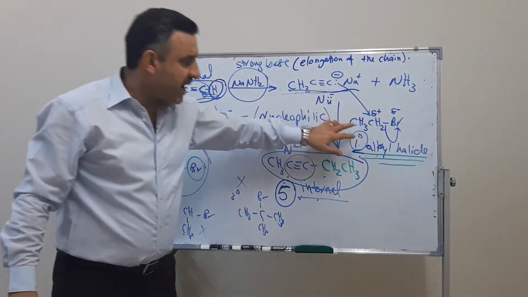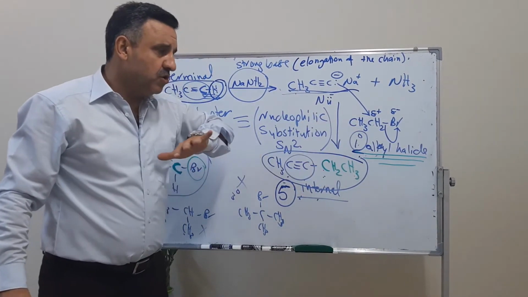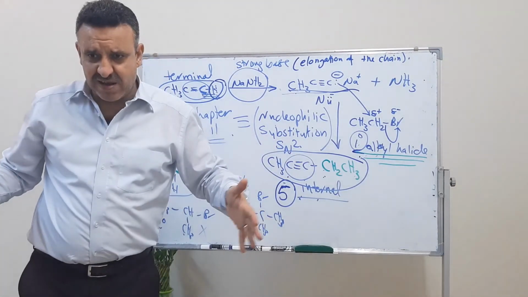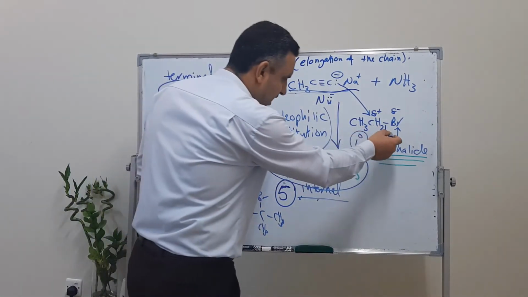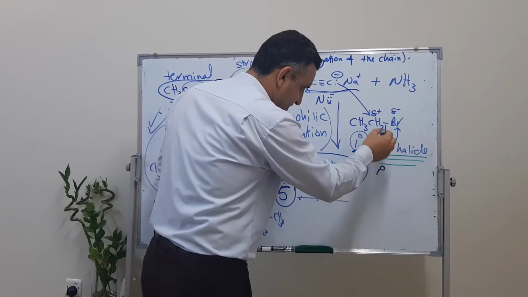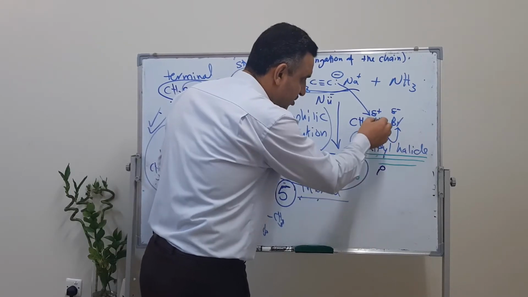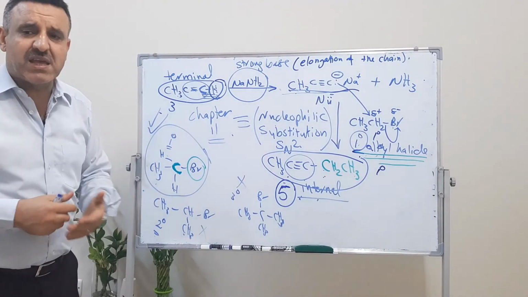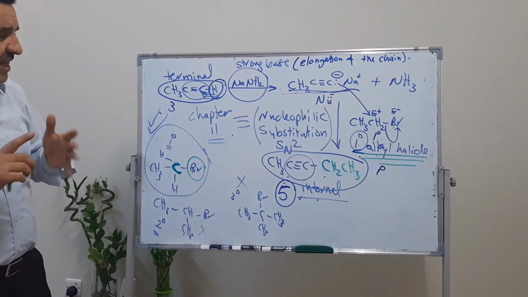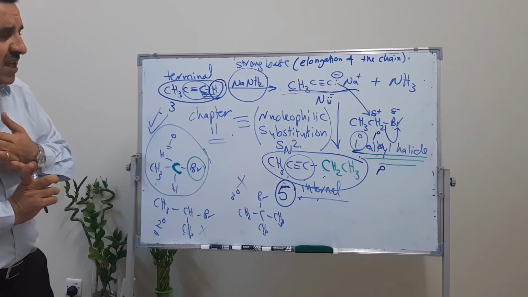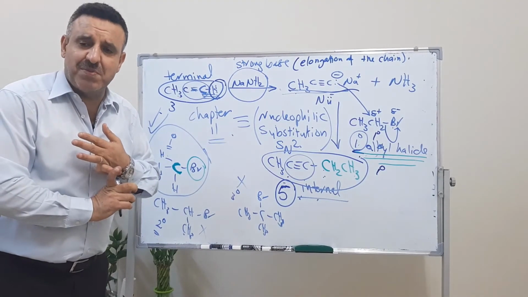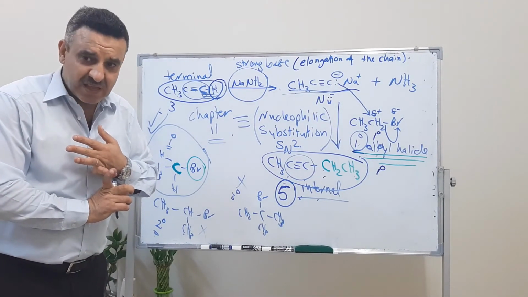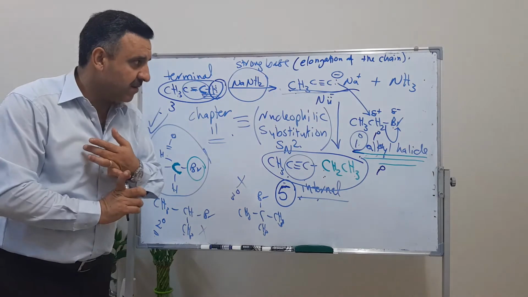I think you should all know by this level that this halide is called primary simply because the carbon attached to the halogen is primary. Therefore, the whole alkyl halide is primary. So that's the second requirement needed to make this reaction happen. Otherwise, the reaction will never work.